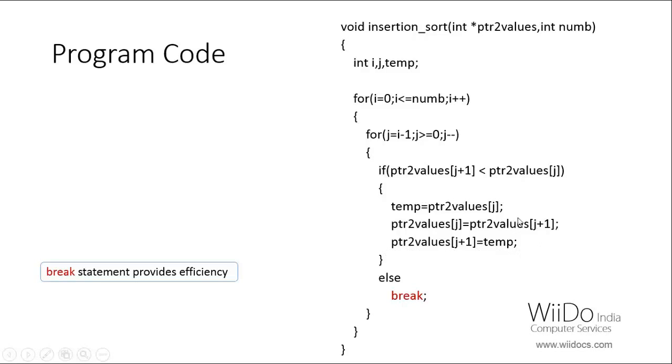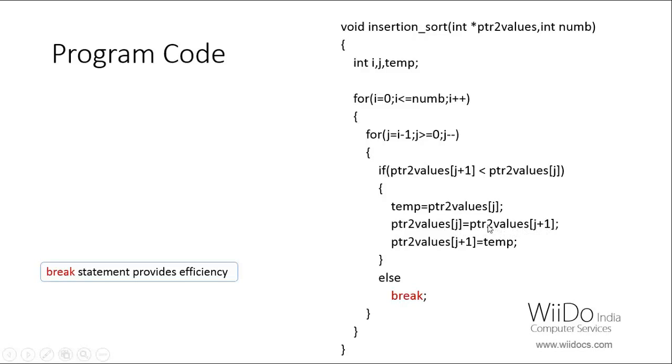This logic is the logic to swap the data items, that is the contents of this variable and this variable. That is, if this condition is true, data present in this variable will be put into this, and data present in this variable will be put into this variable. First, temporary variable is assigned pointer to values of j, as the contents of this variable will be put into temporary. Then pointer to values of j will be assigned pointer to values of j plus 1.